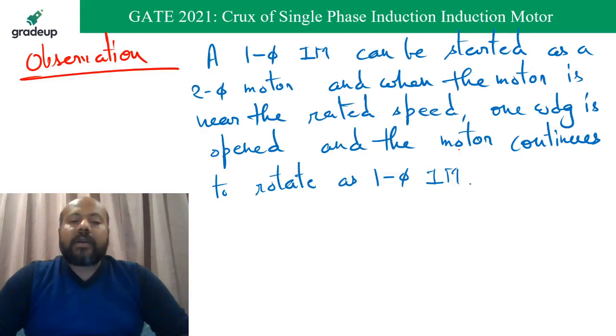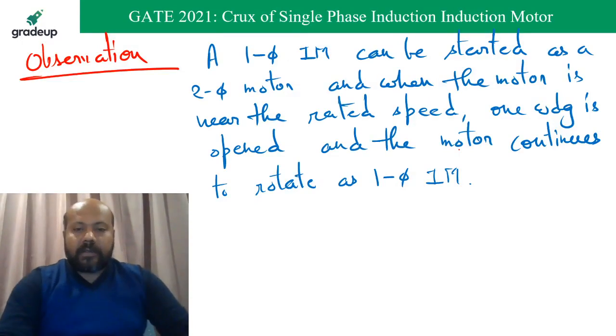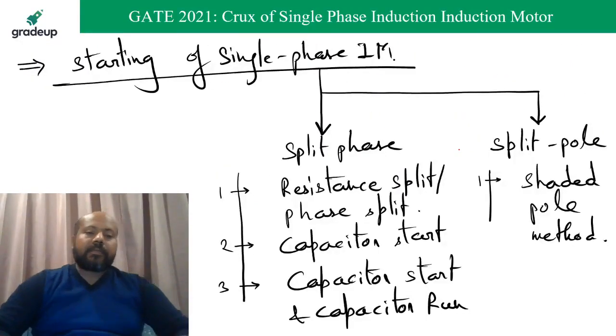So you can say a single phase induction motor behaves as a two-phase motor at the time of starting, and during the running condition, when it is operated at rated speed, it operates as a single phase induction motor. I hope you all are getting this.